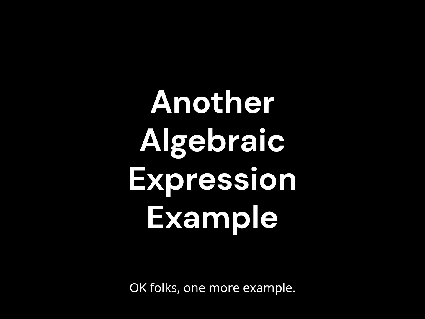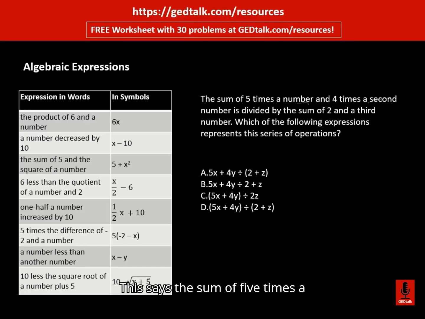Okay, folks, one more example. This says the sum of 5 times a number and 4 times a number is divided by the sum of 2 and a third number. Which of the following expressions represents the series of operations? Well, we got a lot going on, and what I did notice is the word sum. So I'm going to go ahead and just put my addition sign there. The sum of 5 times a number.